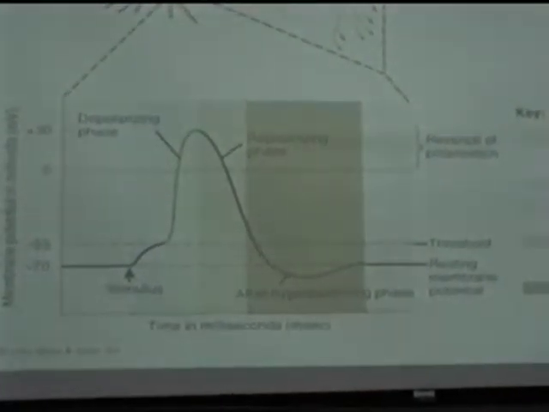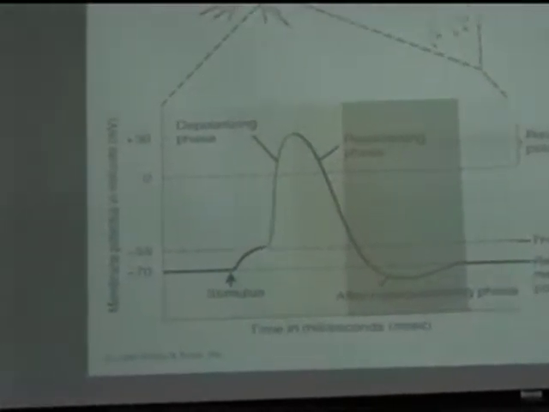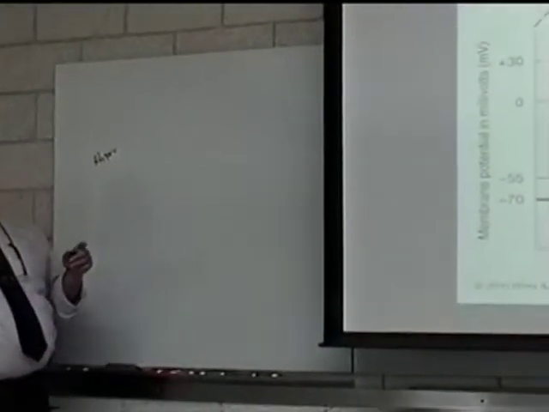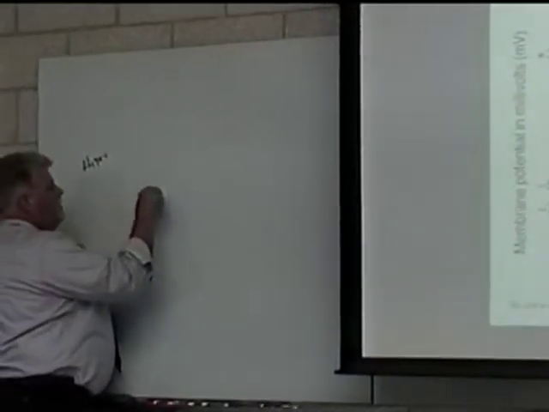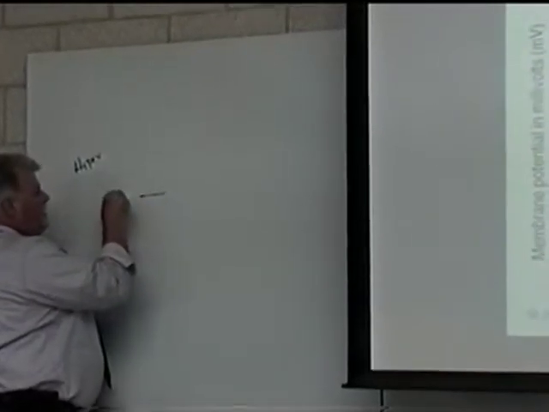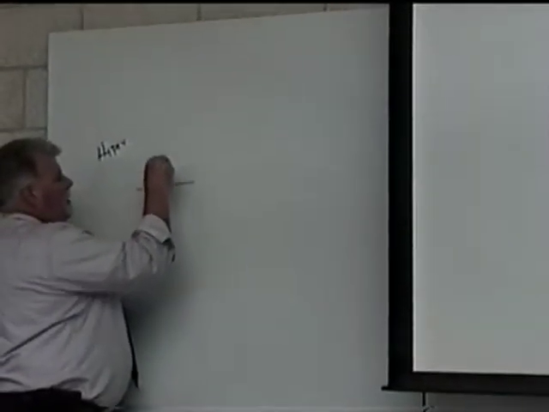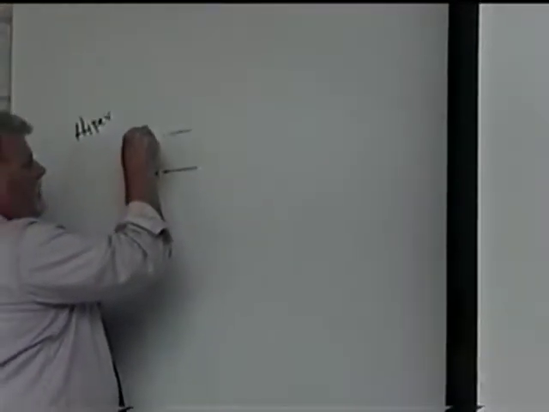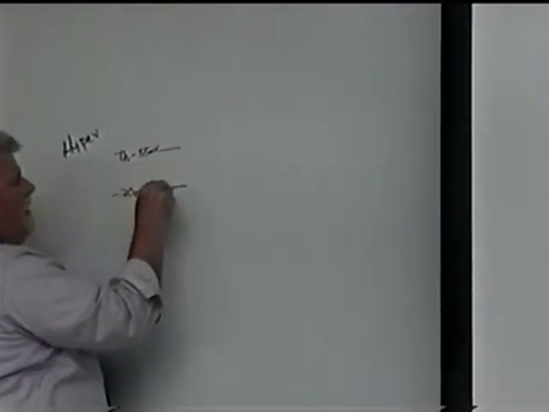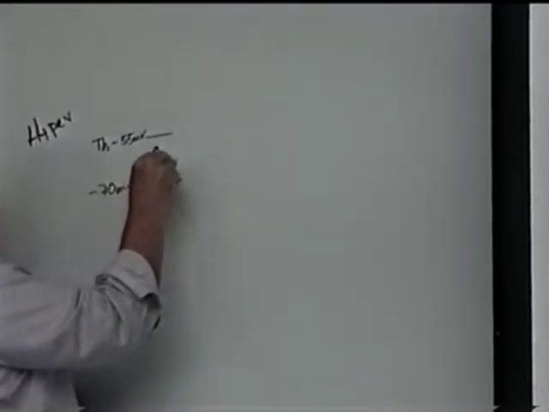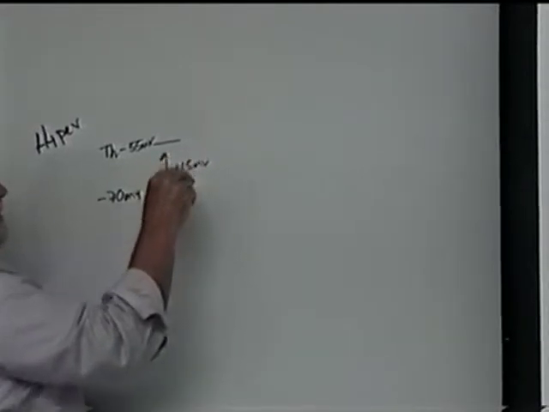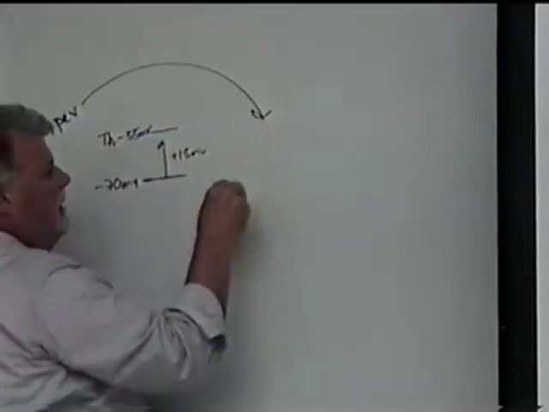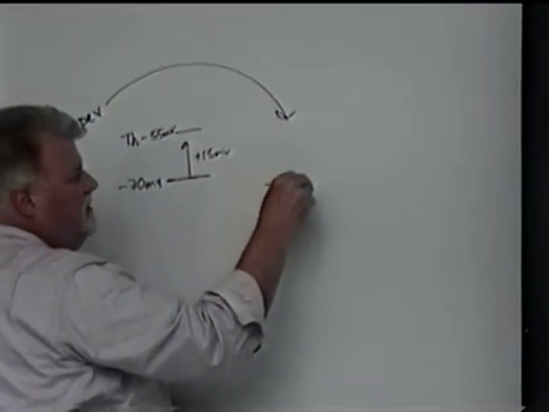And the significance of hyperpolarization is that when we're in a hyperpolarized state, the threshold changes. Okay. Normally the membrane's at minus 70, and threshold is minus 55. So what I essentially have to do is move the membrane plus 15 millivolts to create threshold. When I'm hyperpolarized, I'm sitting at minus 80 millivolts.